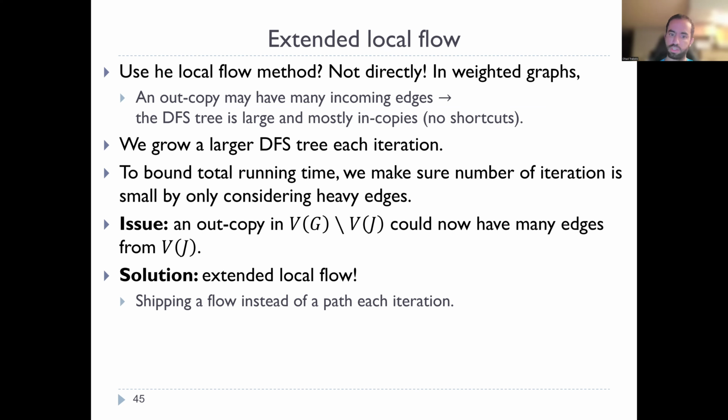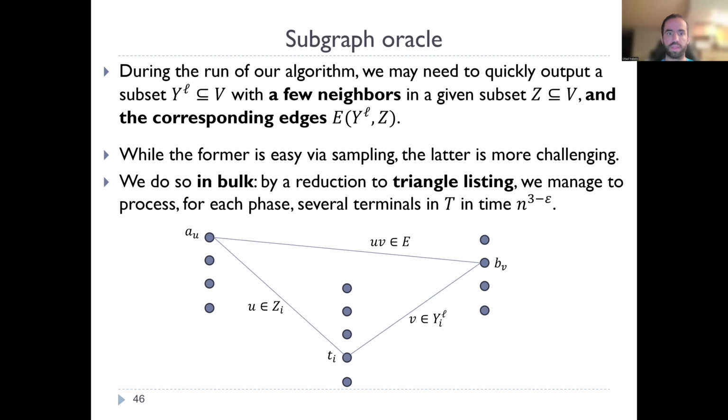Instead of just shipping paths, we consider flows that might not be paths, might be just a flow, and this way we're able to overcome this issue, and then shortcut into T, and have the graph J with the requirements.